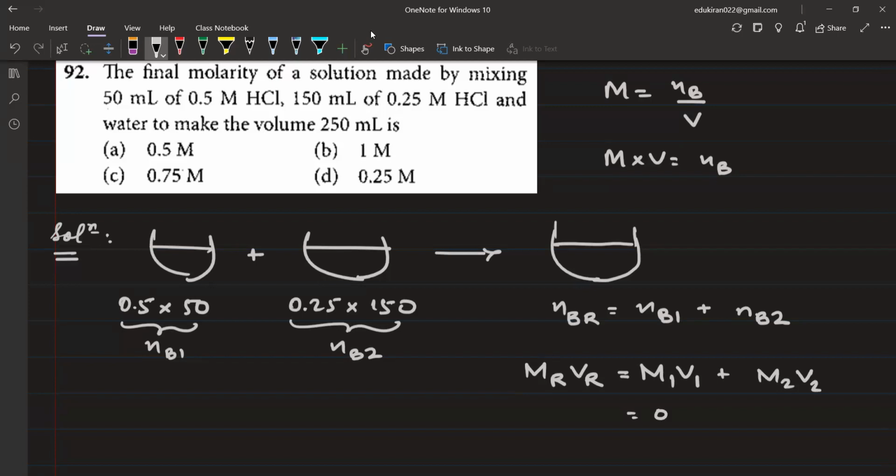So M1V1 equal to 0.5 into 50 plus M2V2 is equal to 0.25 into 150.